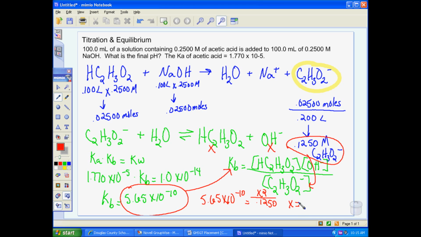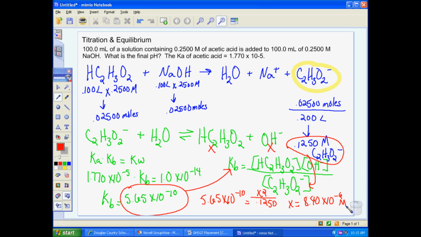Solving for X, you should get 8.40 times 10 to the negative 6 molar for both the acetic acid and the hydroxide.